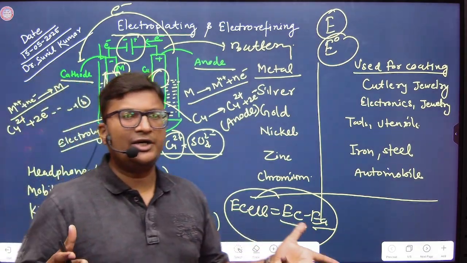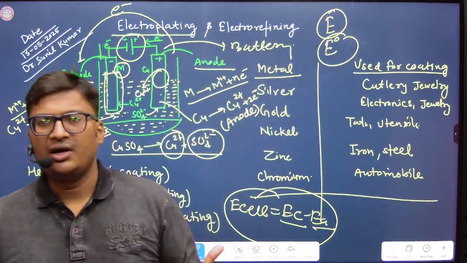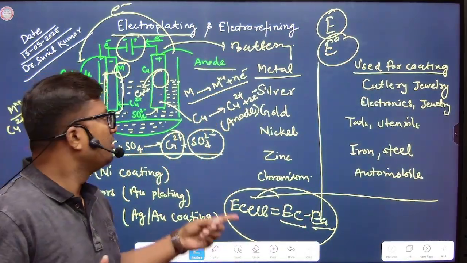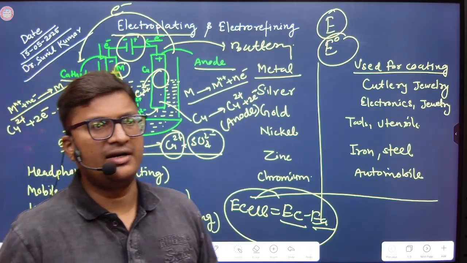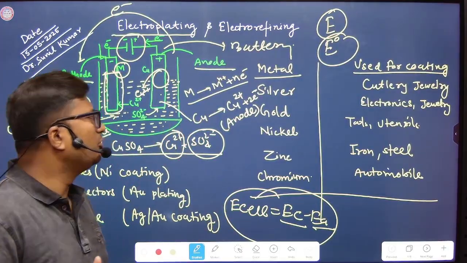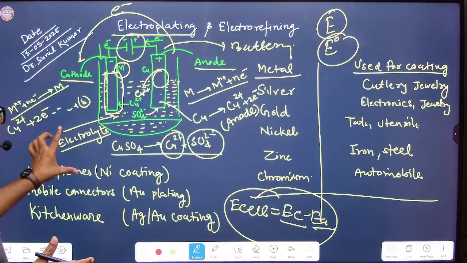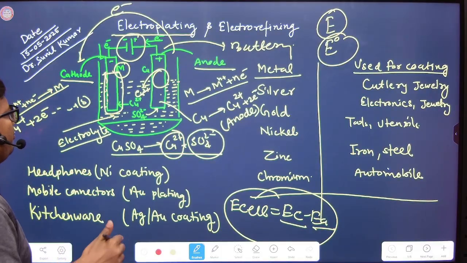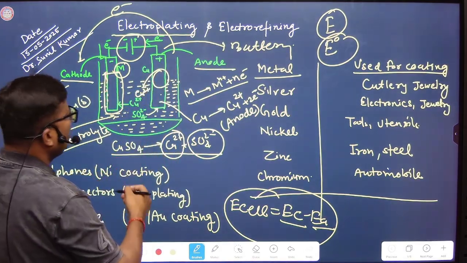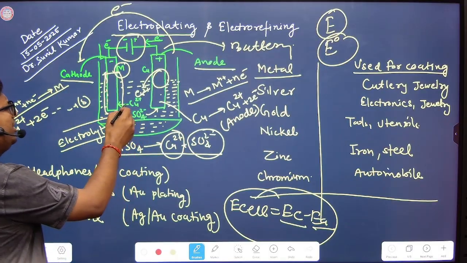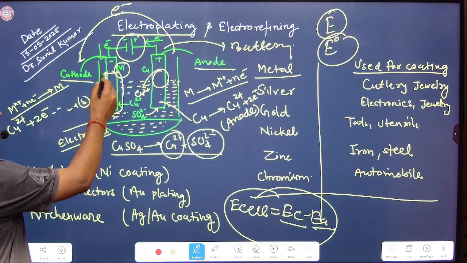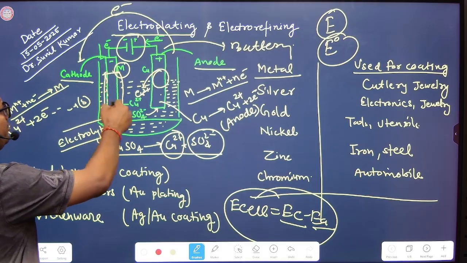So the electrolyte solution must be selected in such a way that the anode metal can get dissolved in the particular electrolyte. This is the process by which copper gets dissolved into the solution, and this is ultimately reduced at the cathode and deposited as a thin film around the surface of this cathode.